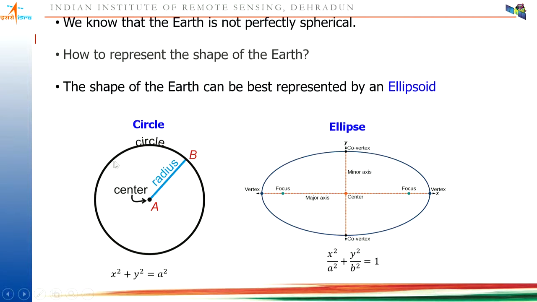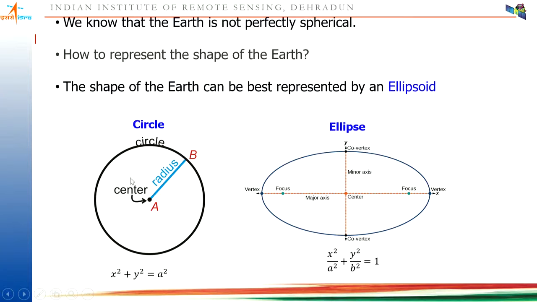You know that there is a circle where the center of the circle is, suppose, A. The distance from the center to the circumference is called the radius, and it will remain the same throughout the circumference.